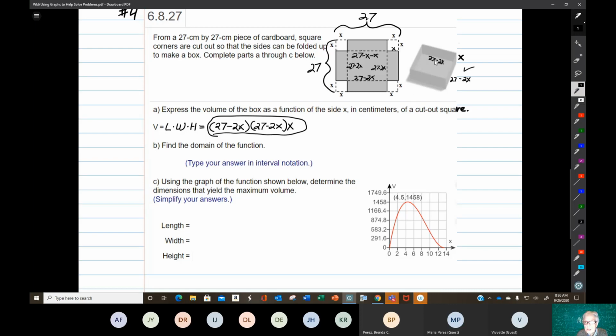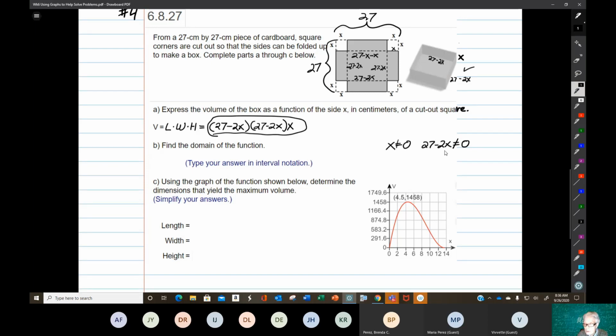So if we let each of these guys be 0 and solve, this is what we get. I don't want this to get cut off at the end, so I'm going to write it down here. For the domain, x cannot be 0. And 27 minus 2x cannot be 0. So let's see what we get.